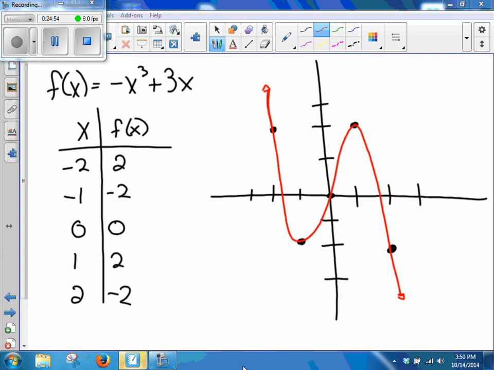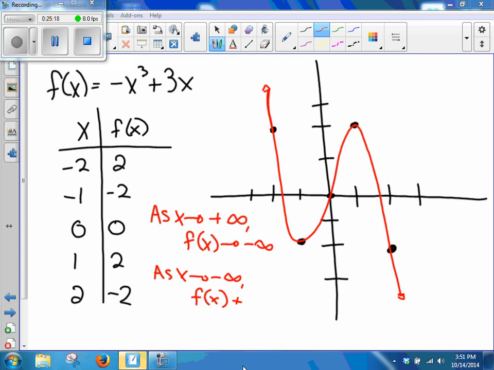So there's this graph. So let's talk about your end behavior. So as x approaches positive infinity, as your x go to the right, what do your y's do? Well, they approach negative infinity here because your leading coefficient is negative. So then as x approaches negative infinity, or it goes to the left, your y values approach positive infinity because they're going up now.